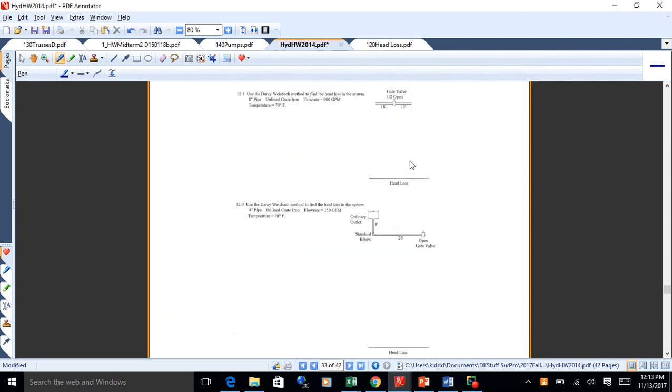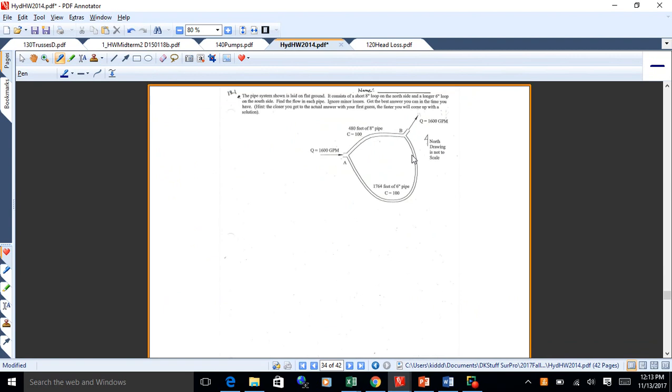Okay. And then the other one is this one. So what you want to do, you got 1,600 gallons per minute flowing in and flowing out. Just take a guess on how that flow splits. I mean, what you know is the sum of the two flows you're using have to equal 1,600.